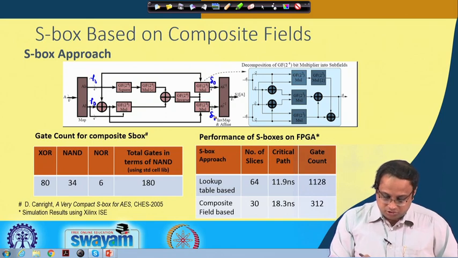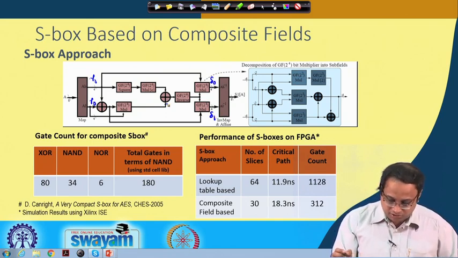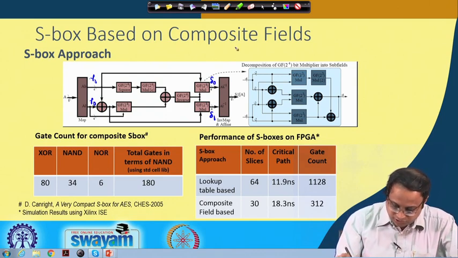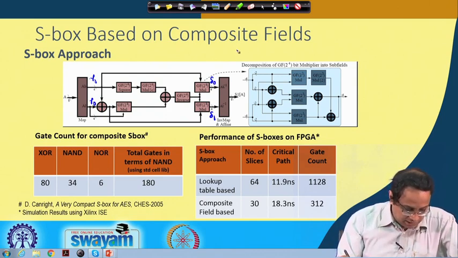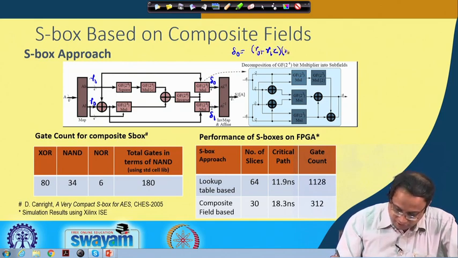If you remember, the equation that we had was delta 0 equal to gamma 0 plus gamma 1 tau, multiplied with (gamma 0 squared plus gamma 0 gamma 1 tau plus gamma 1 squared mu) to the power of minus 1.